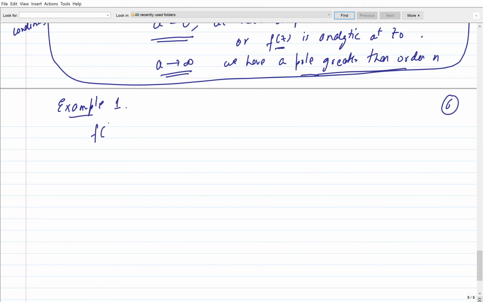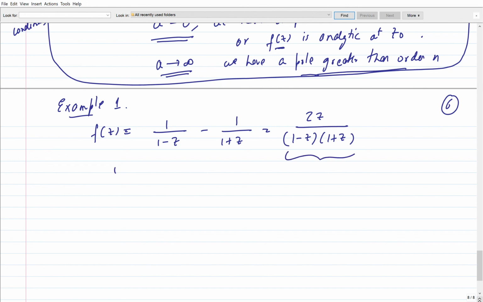Let's say my fz was this guy. Now we see that it's undefined at z equals 1 and z equals -1.